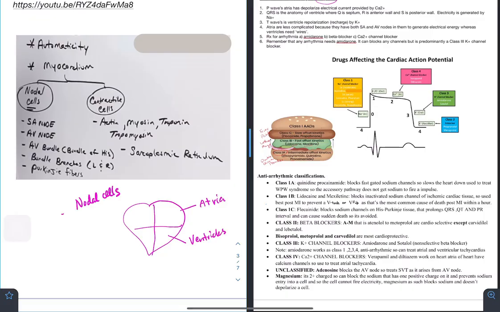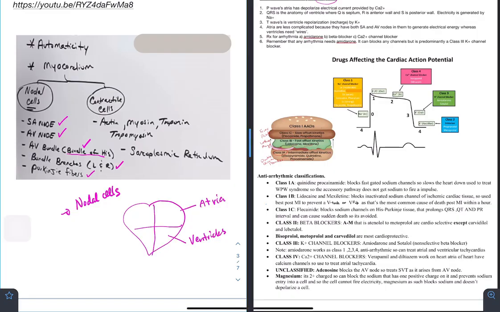Nodal cells are automatic and include your sinoatrial node, your AV node, the atrioventricular node, the atrioventricular bundle, or simply the bundle of His, which branches into left and right, and then we end up with the Purkinje fibers.